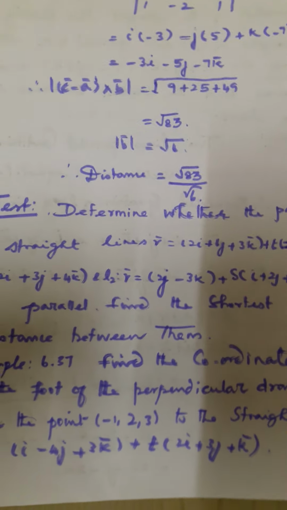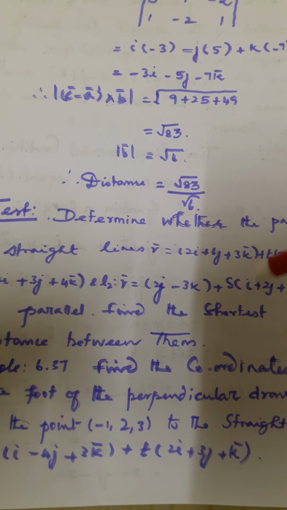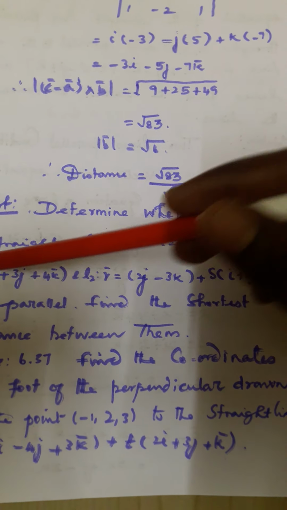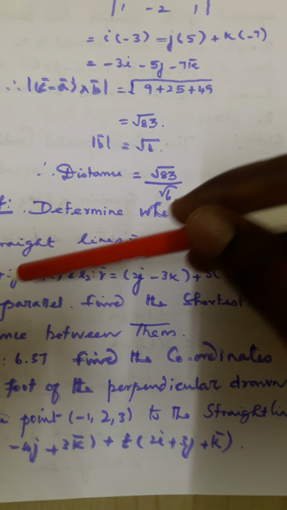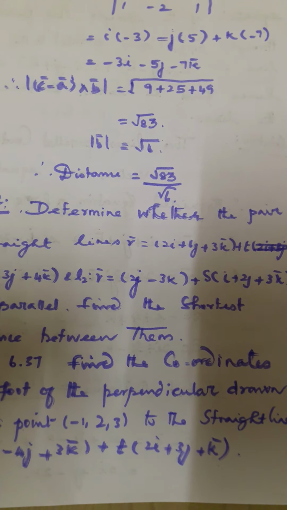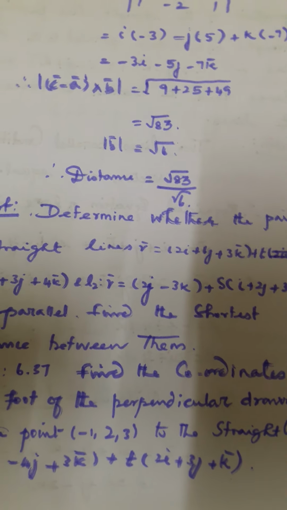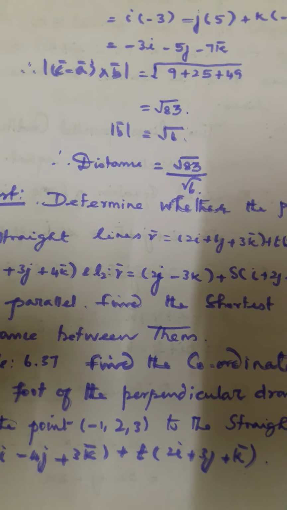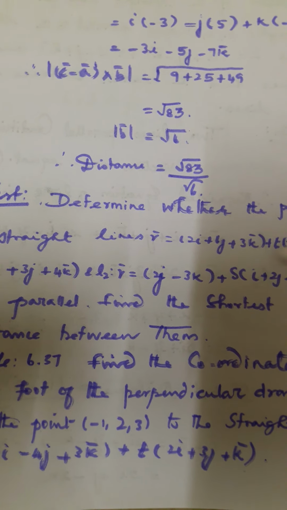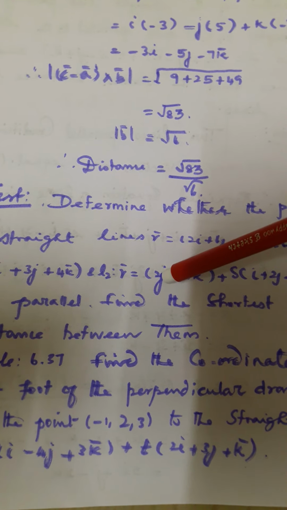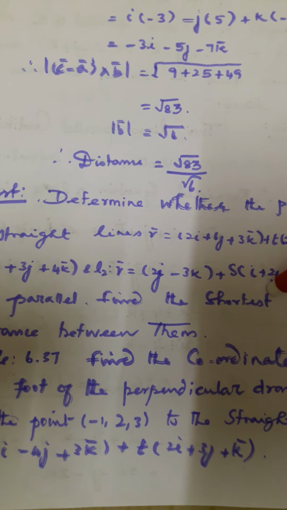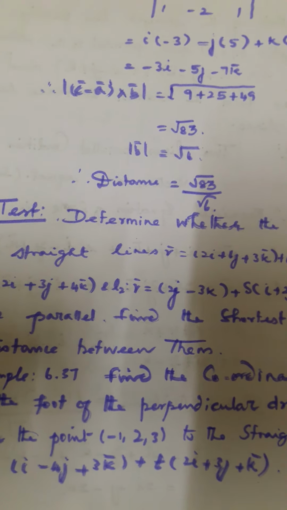So what is the meaning of parallel? As I told you before, the vectors are equal means we can say they are parallel, but here (2, 3, 4) and (1, 2, 3) are not equal. Therefore the given straight lines are not parallel. Therefore the given straight lines are skew lines. A vector, c vector, b vector, d vector, you apply the formula, you will get the answer.